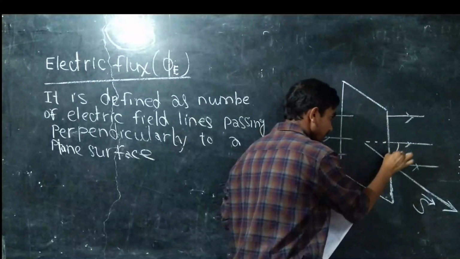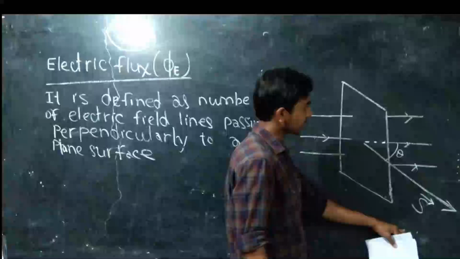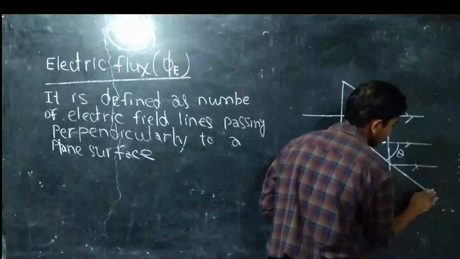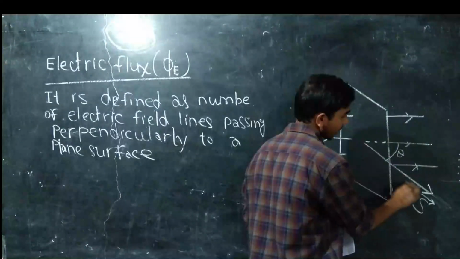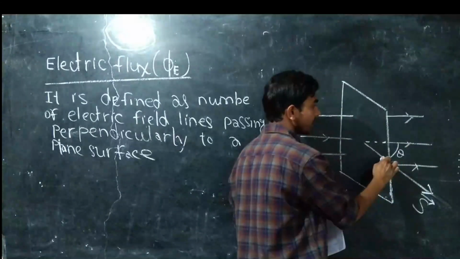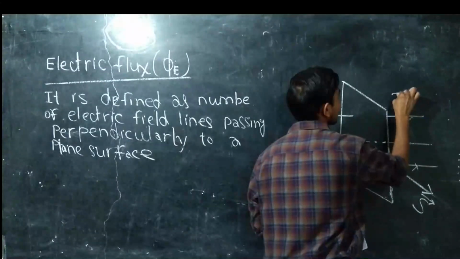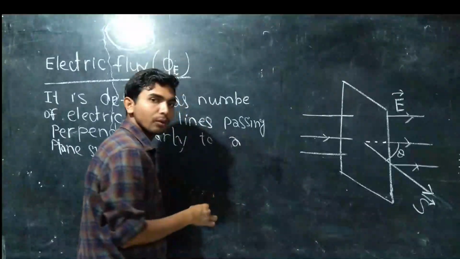this theta is the angle between electric field and area vector. This is your area vector, and theta is the angle between electric field and area vector, right? So what is the formula of electric flux?